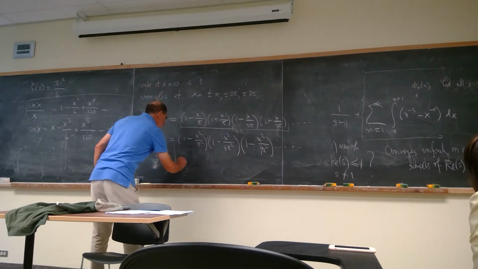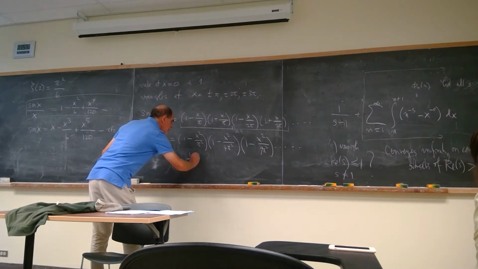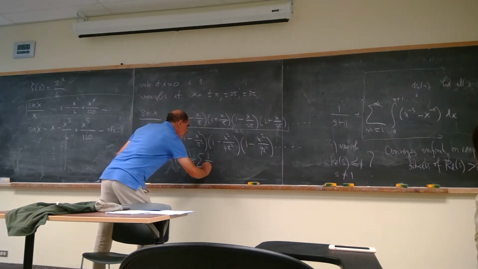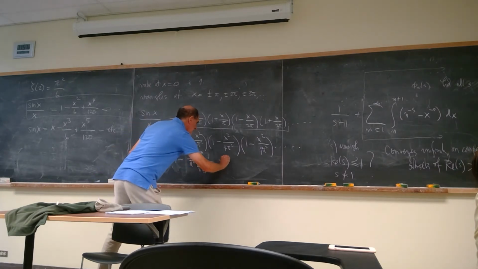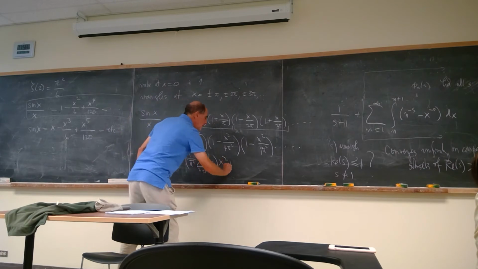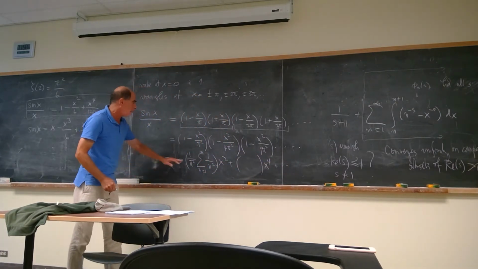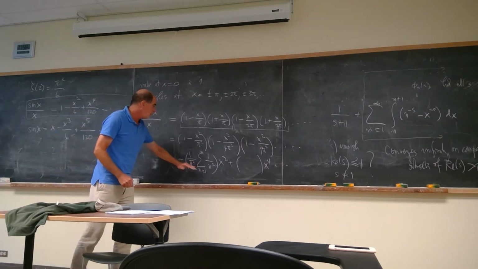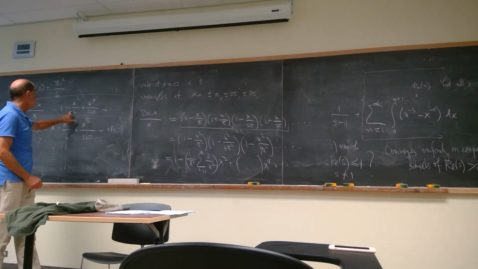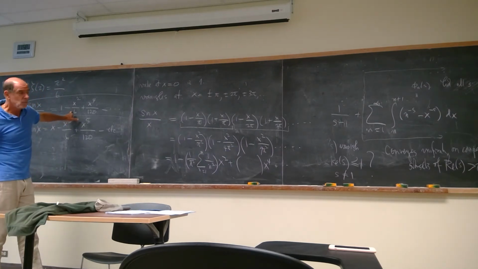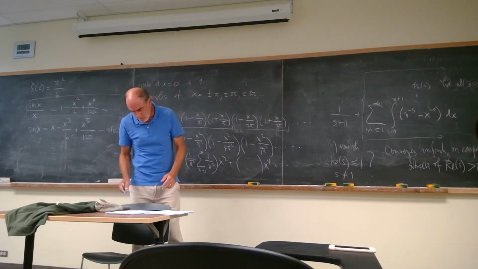So you get minus 1 over pi squared, summation of 1 over n squared, n equal 1 to infinity, times x squared. That would be the coefficient of x squared plus some coefficient of x to the 4th plus etc. And you'd say, well, look, the coefficients of x squared have to be the same, so this has to be the same as minus a 6th, and that gives you the sum of 1 over n squared is pi squared over 6.